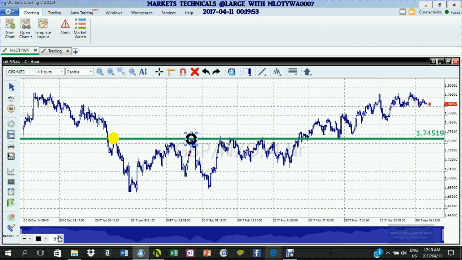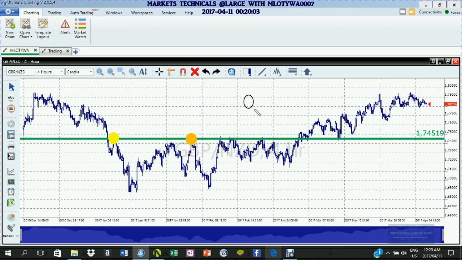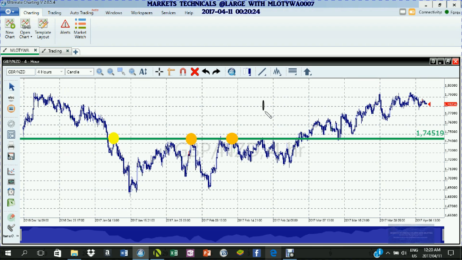Let me highlight that quickly. And another resistance, which will also be highlighted and shaded with the yellow color. This one here, and there is another one here.